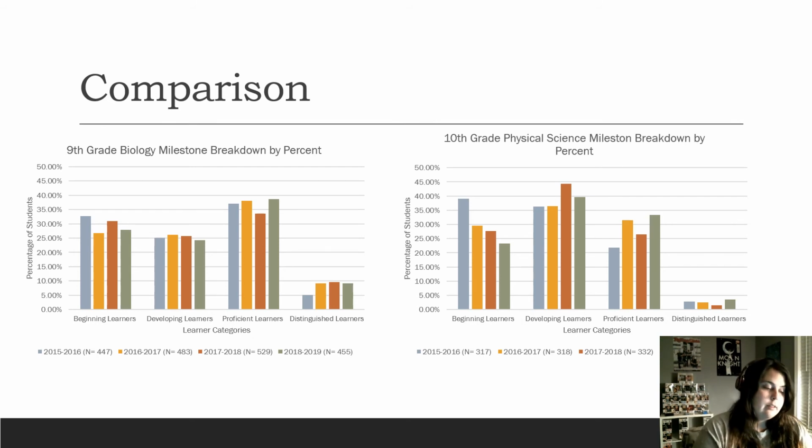That means that the ninth graders are doing fairly well on their biology milestones at the end of the year. But then when we compare it to our physical science scores, there's a decrease. We have more students that fall under beginning and developing learners. So this is just 1 year difference for the students, so 9th grade, 10th grade, but there are some significant differences in the numbers presented.